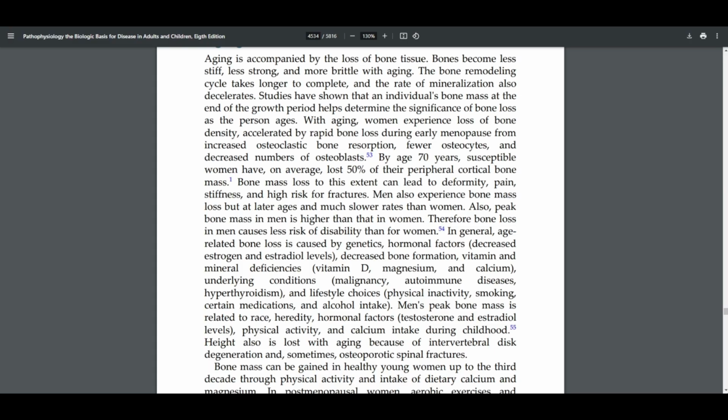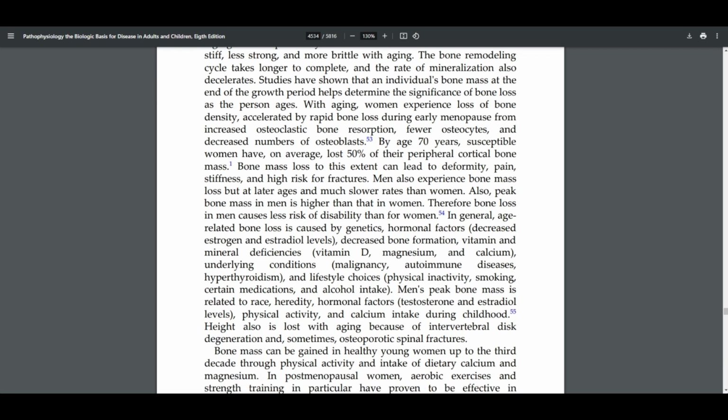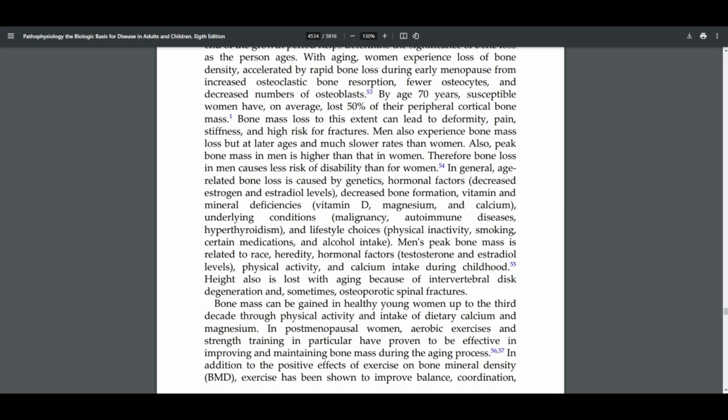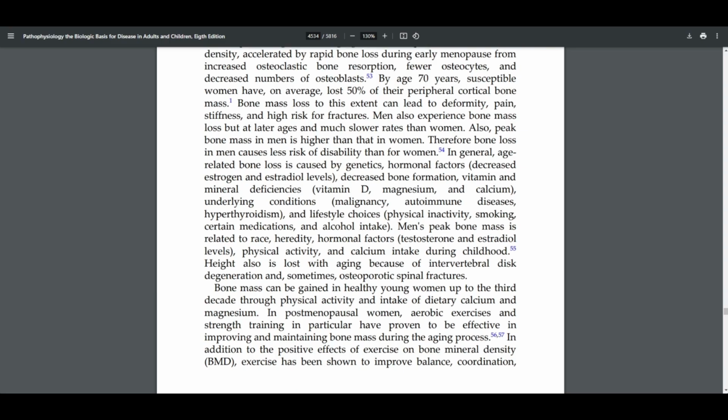By age 70 years, susceptible women have on average lost 50% of their peripheral cortical bone mass. Bone mass loss of this extent can lead to deformity, pain, stiffness, and high risk for fractures.